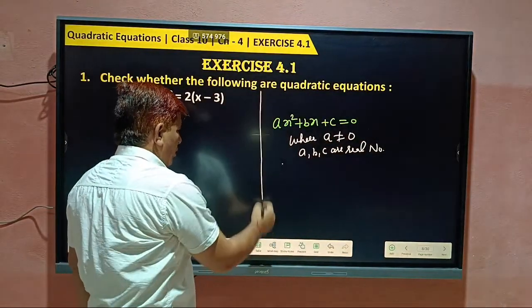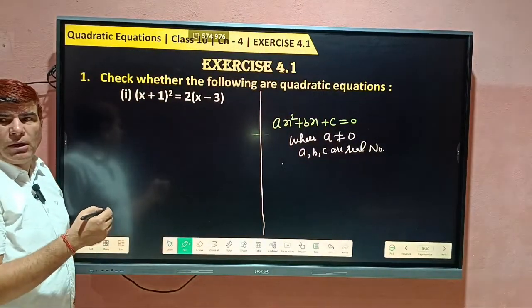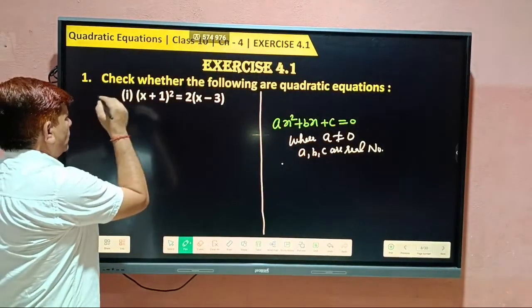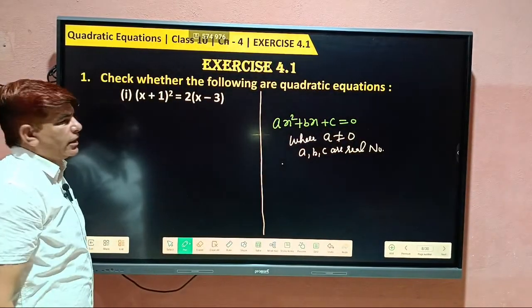So we can check it. How can we check? First solve it. Check one: (x + 1)² = 2(x − 3).